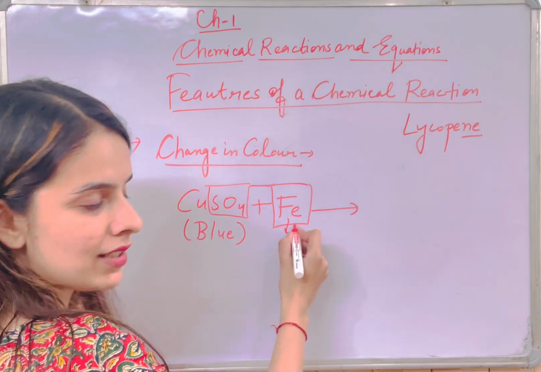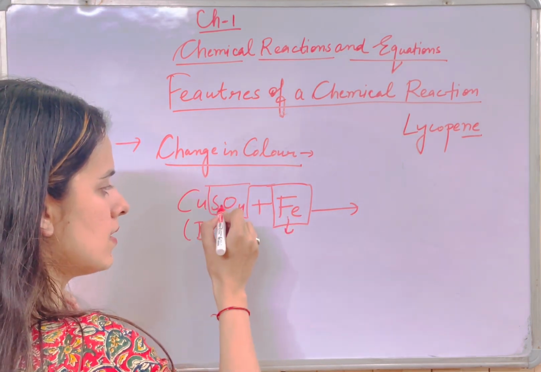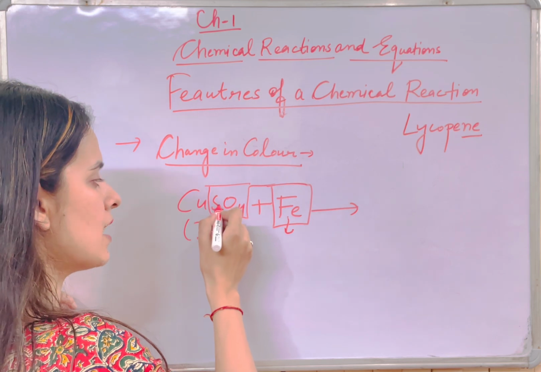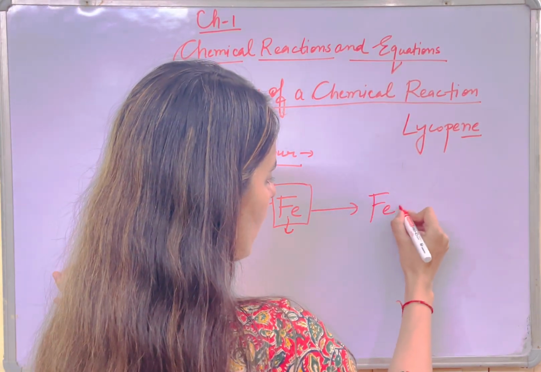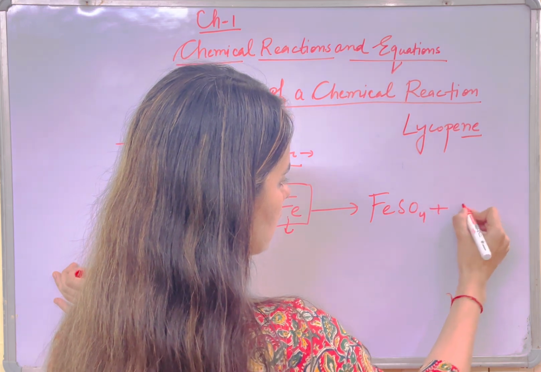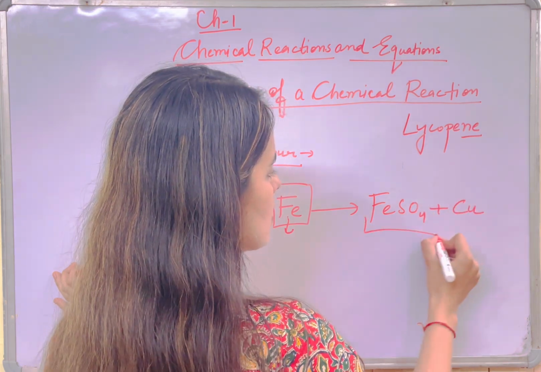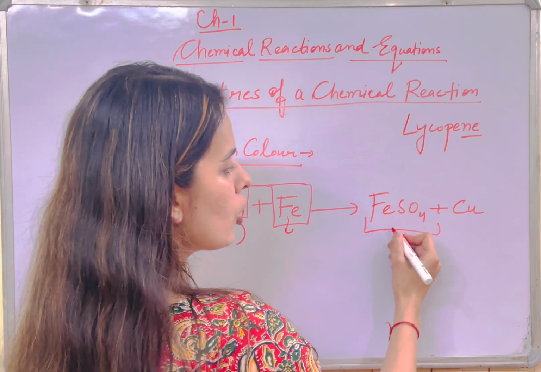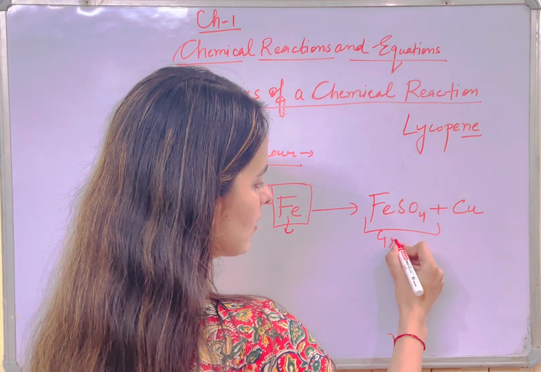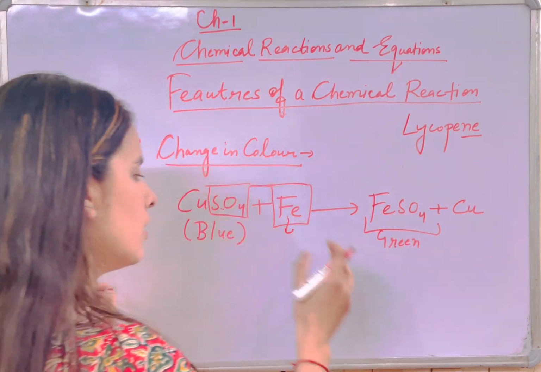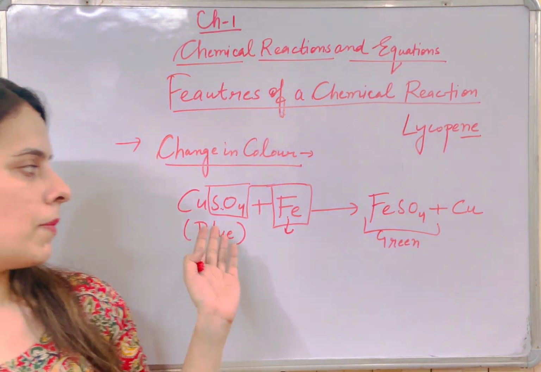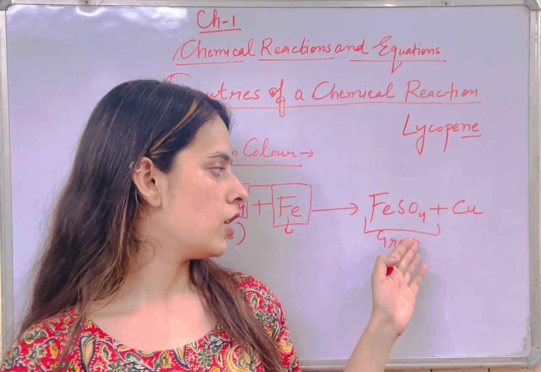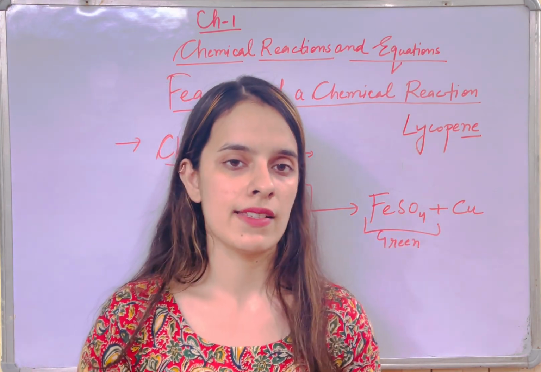Iron is a strong metal. It will displace sulfate, take sulfate from the copper sulfate compound, and form iron sulfate and copper. The color of ferrous sulfate is green. So we can see that the color changes. The original compound, which was blue, has turned into green due to the formation of ferrous sulfate.